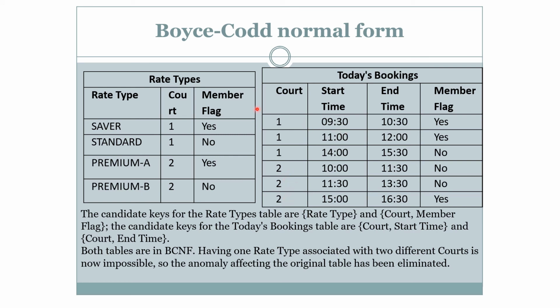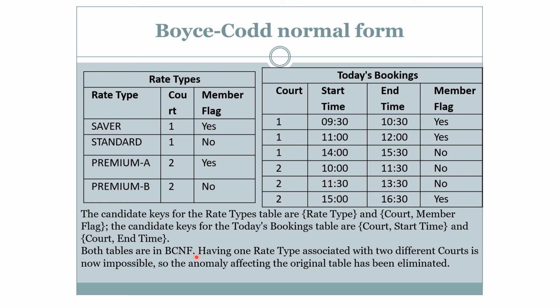So firstly the rate types table is made and another table is made for today's booking. Here they can write court number, the start time, end time and member flag. So easily all things can be covered in both of these.